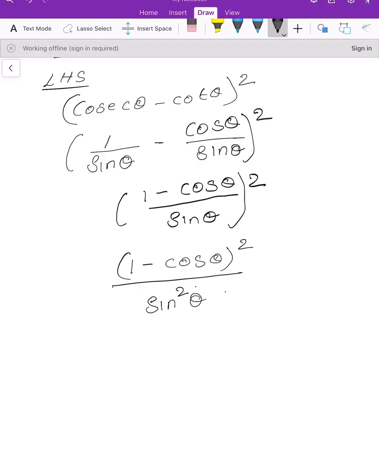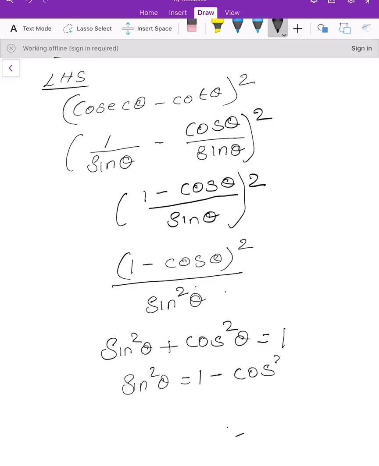So, we have an identity. What is our identity? Sine square theta plus cos square theta is equal to 1. I need to change the sine to cos. I can write sine square theta is equal to 1 minus cos square theta, because when this goes to the other side, the plus cos square theta will become minus cos square theta.